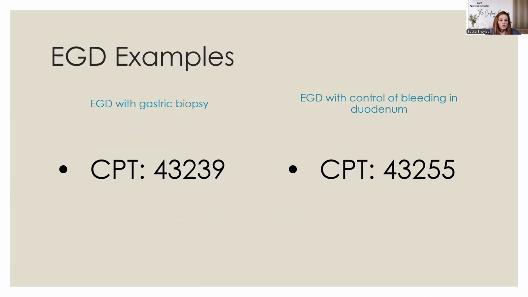The correct code would be CPT 43239. EGD with control of bleeding in the duodenum. The correct CPT code is 43255. Remember that control of bleeding codes are used only when the bleeding is not caused by the procedure itself.